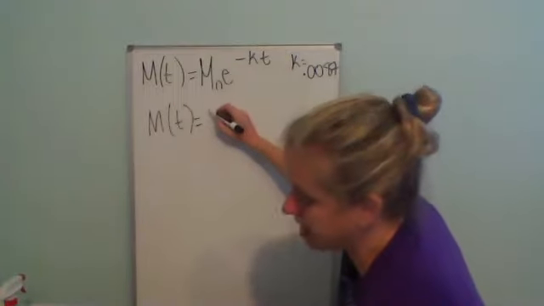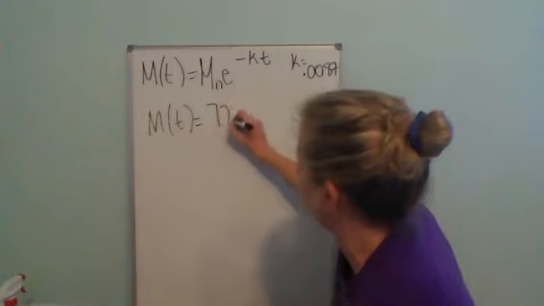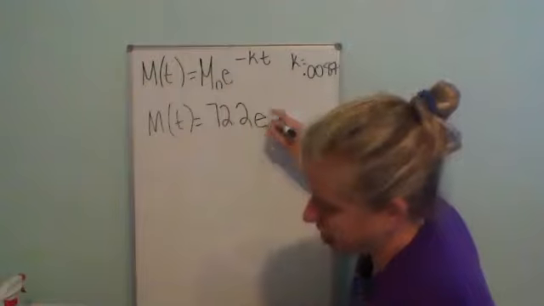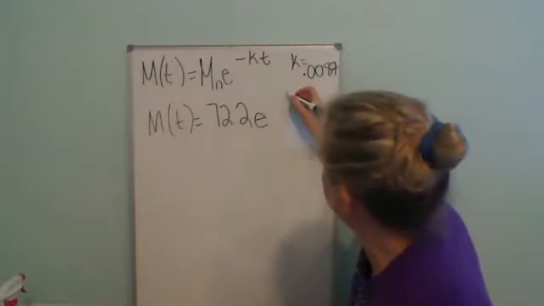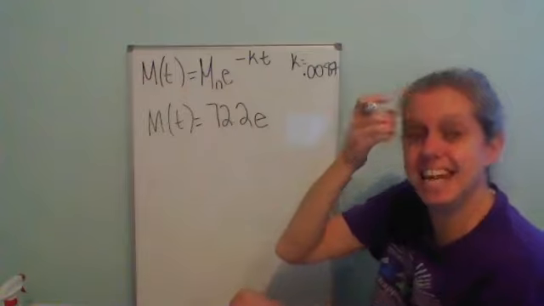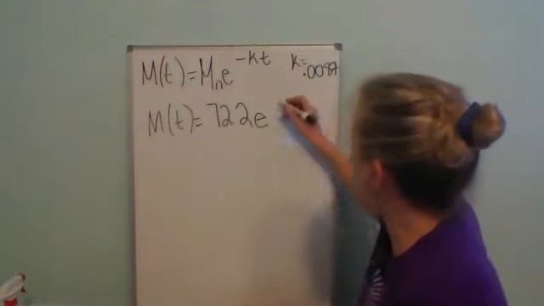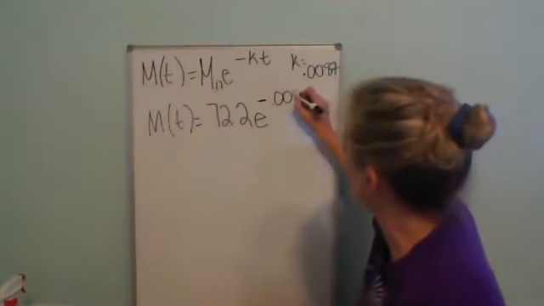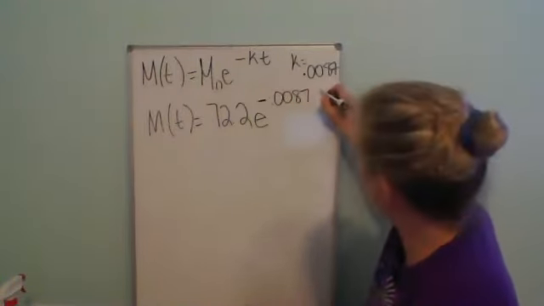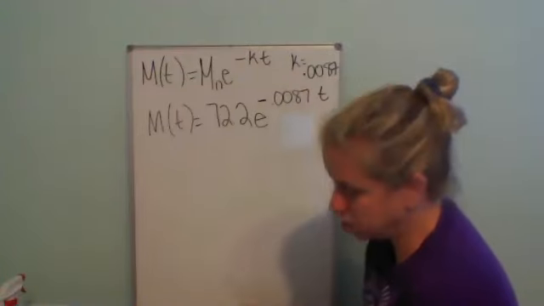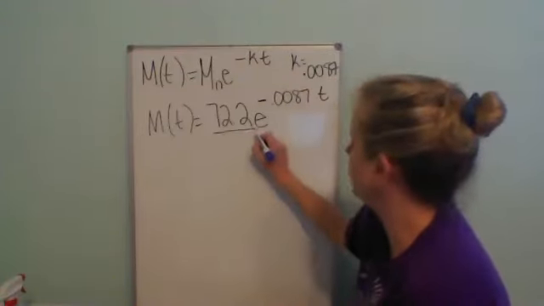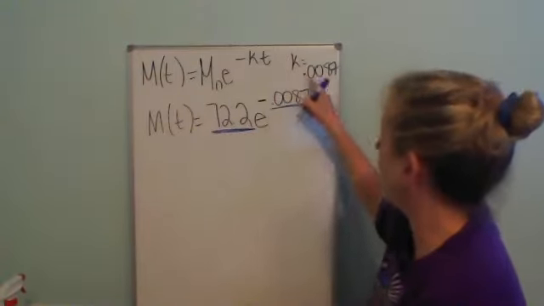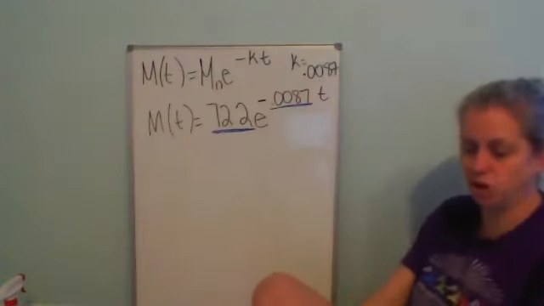What was my beginning amount of percent of adults married? It was 72.2. E, now look, it's got the blank up in the exponent. Remember, this is decay, which means this is the rate, but it needs to be negative. So negative 0.0087 T. So the things you had to fill in were the beginning amount and the K, which we found in the first part of that problem.